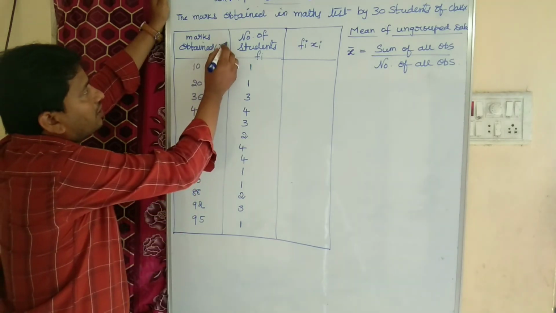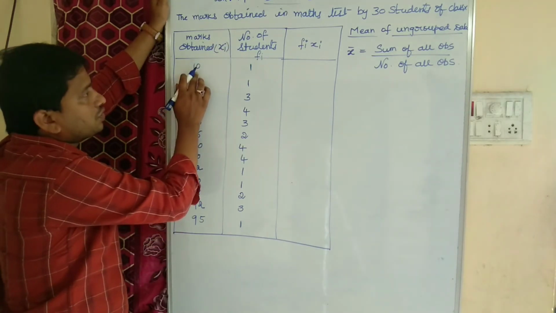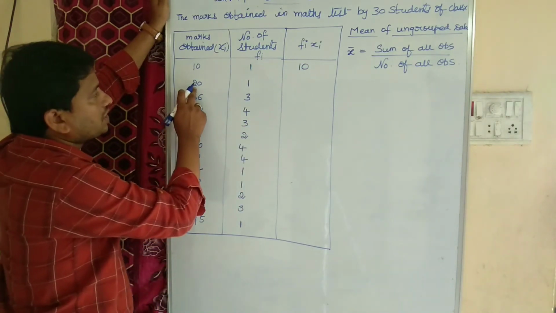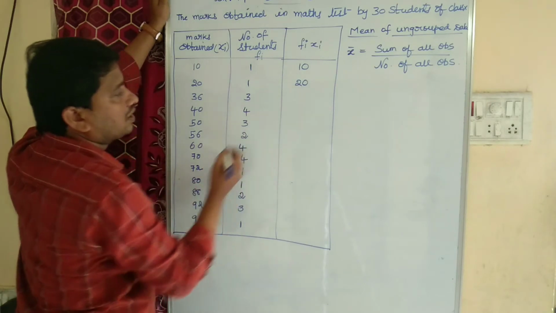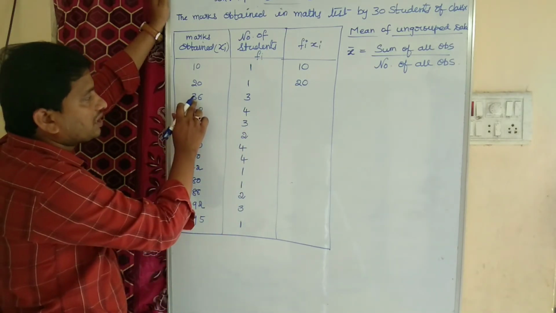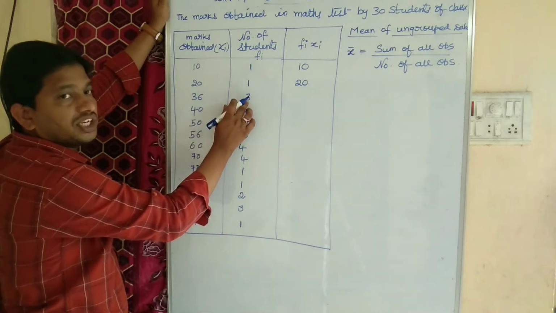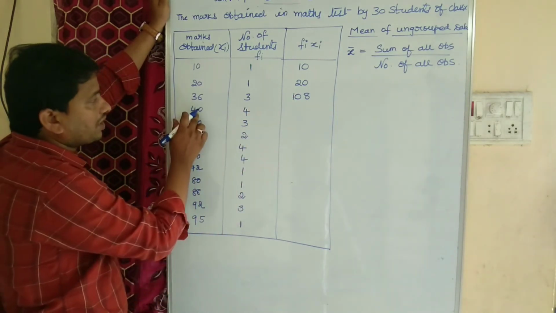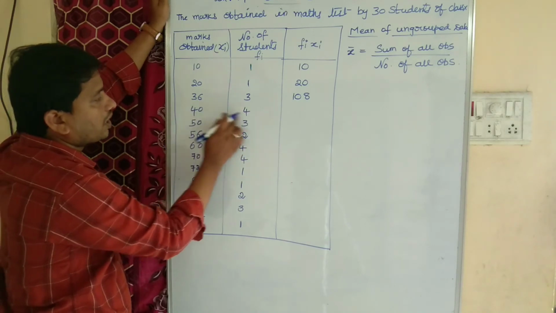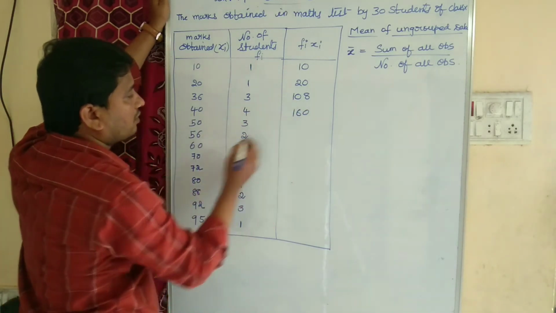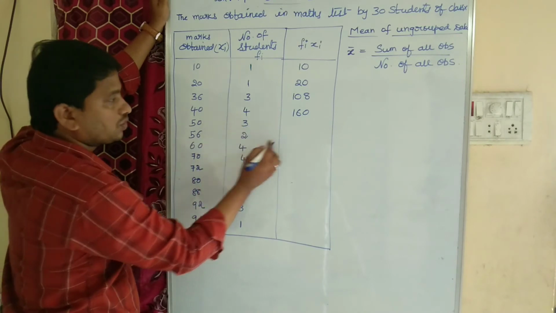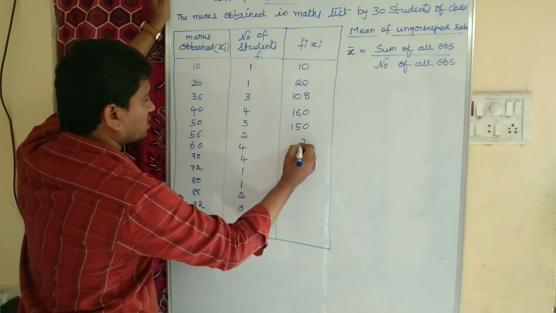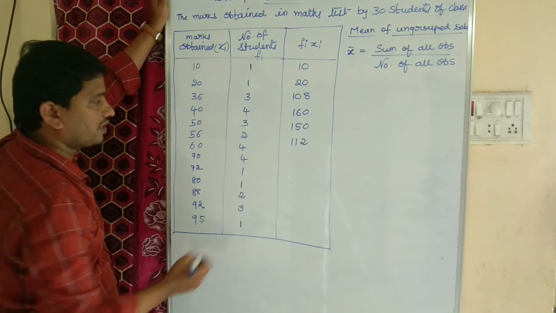Xi is nothing but marks obtained, fi the number of students. 10 into 1 is 10. 20 into 1 is 20. 36 marks, 3 students got, 36 into 3 is 108. 40 marks, 4 students got, 40 into 4 is 160. 50 marks, 3 students got, 50 into 3 is 150.